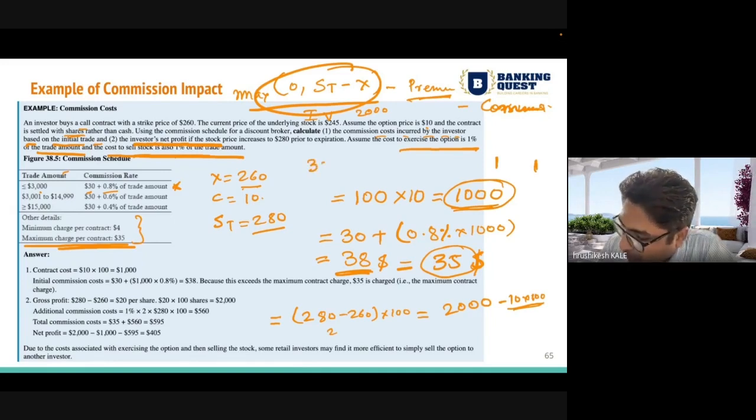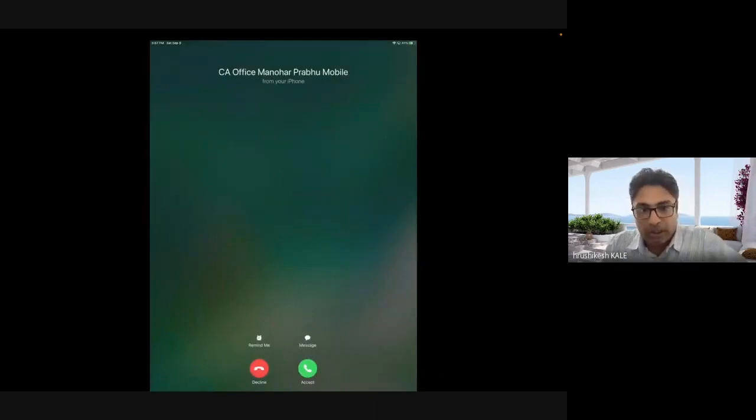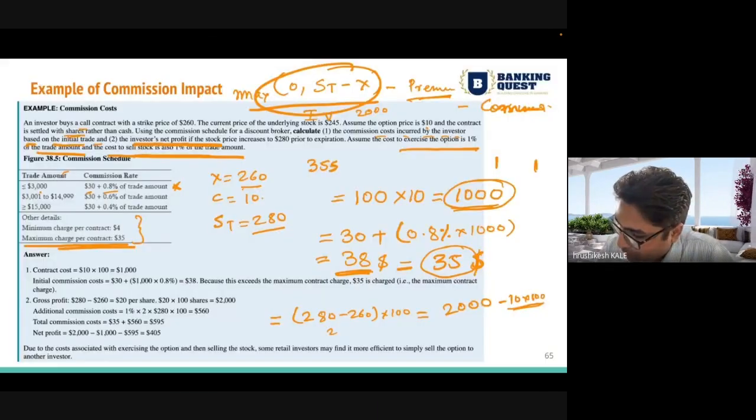Our total commission is $35, which we have already seen, plus the share price is 280, right? 280 multiplied by 100 into 2%.